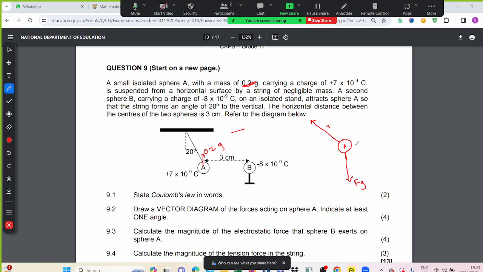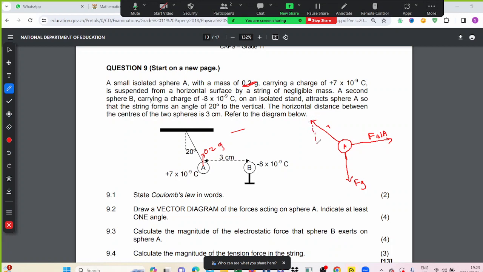And then here will be the force exerted by sphere B on A. So this force would be in that direction. This is the force of attraction, which is the force exerted by sphere B on A. Then they say indicate the angles.